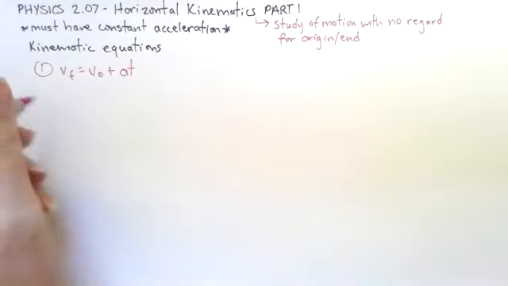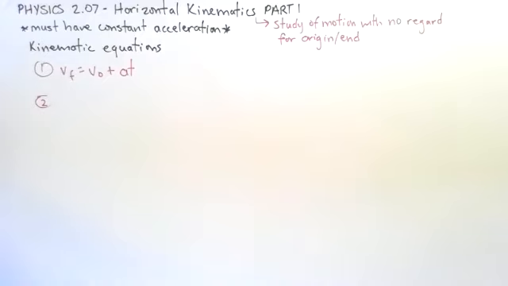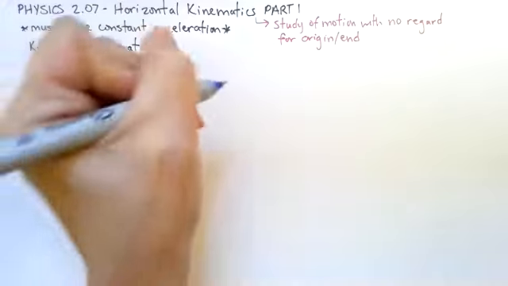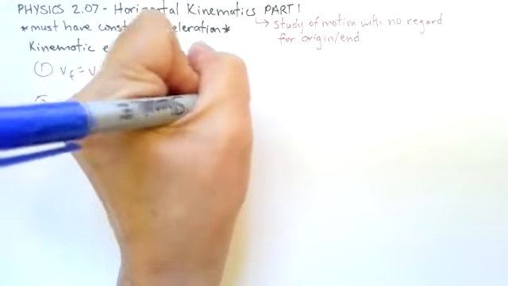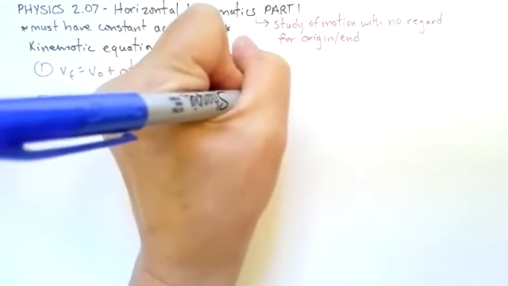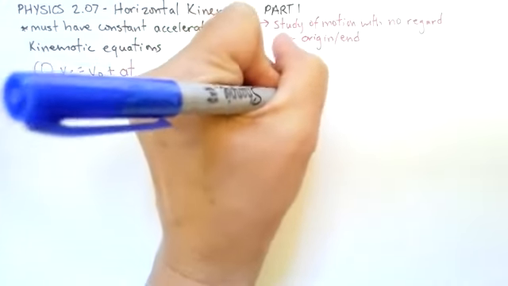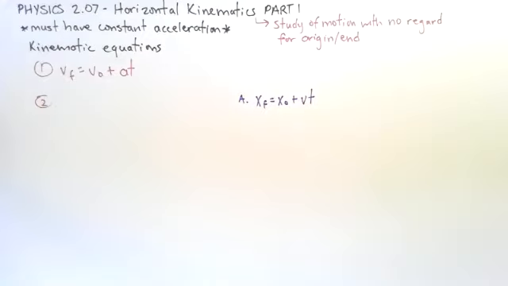Equation number 2, I'm going to leave a blank spot over here. And what we're going to do is derive this equation, and I'm going to work on this over here on this side of the paper. To derive this equation, we're going to start with equation A, which you've already seen. Remember back in 2.02 or 2.03 when I asked you to find an equation of motion for an xt graph?